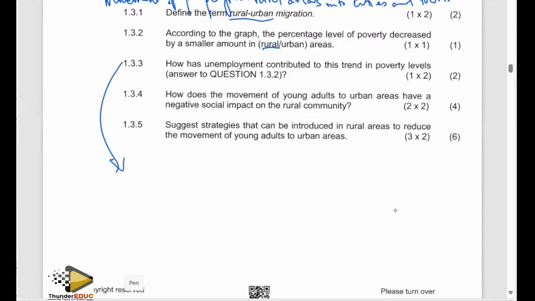In fact, the question is requiring you to explain how unemployment is contributing towards high levels of poverty, because the poverty just declined by a small percentage for those young adults who choose to remain in the rural areas. So the question is relating unemployment to the levels of poverty. Unemployment and poverty, what's the relationship between the two? In other words, that is the question.